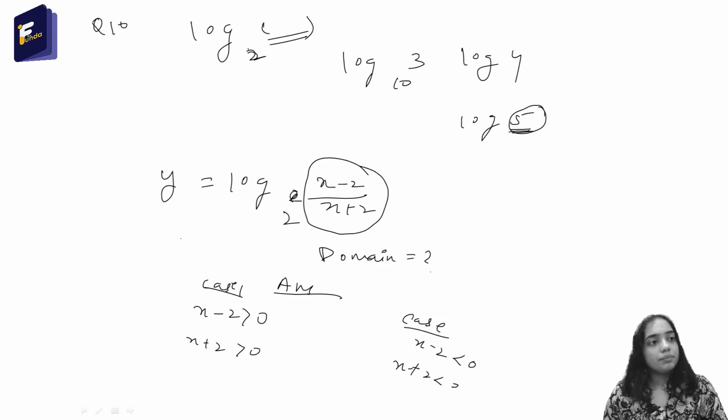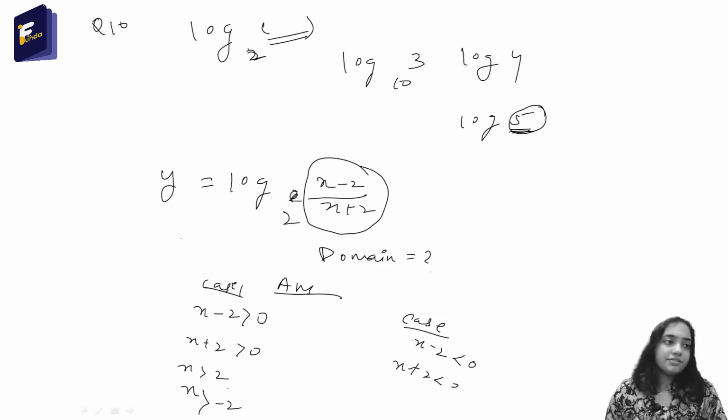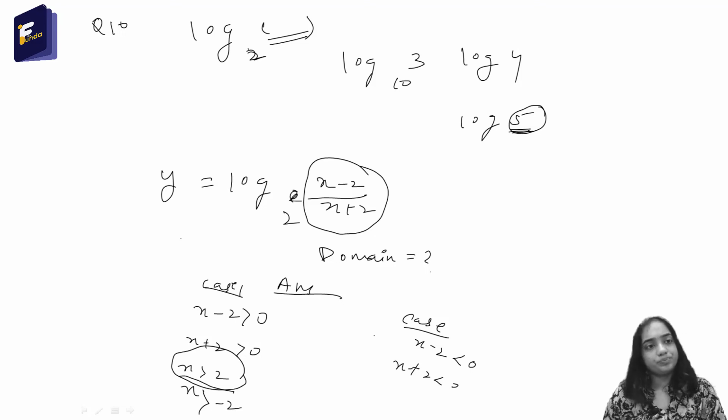So it will be x is greater than 2, x is greater than minus 2. We are getting these two conditions. If x is greater than 2, then it will obviously be greater than minus 2. So we will take only the first condition, that is x is greater than 2.